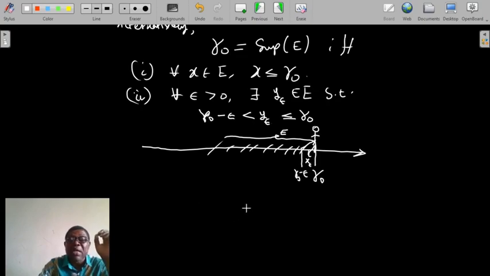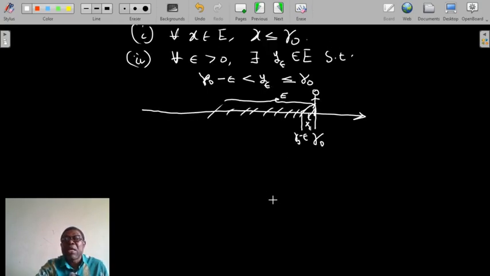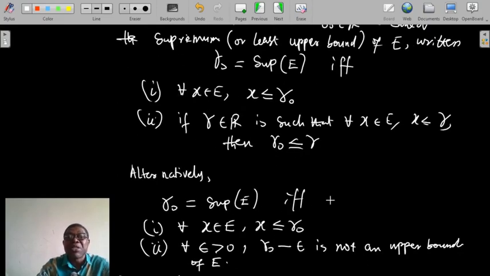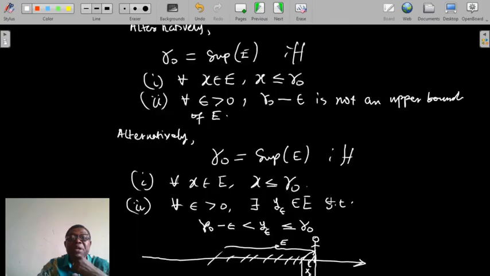It says that whenever gamma naught is a supremum of a given set A that is bounded above, then we can find a sequence in the set that converges to gamma naught. So when we introduce sequences of real numbers, I will come back to this characterization and make it clear.